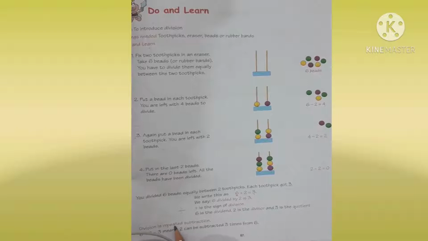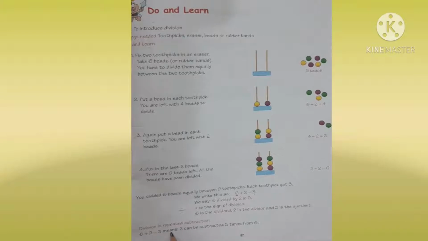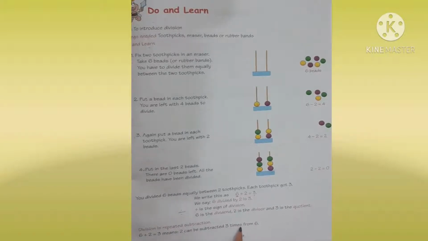Division is repeated subtraction. 6 divided by 2 is equal to 3 means 2 can be subtracted 3 times from 6.